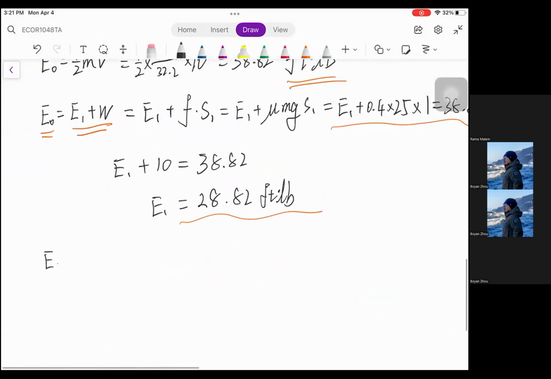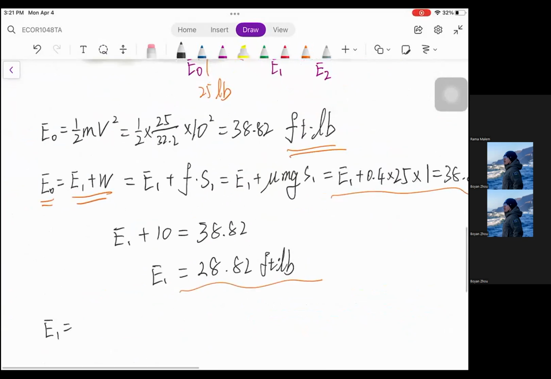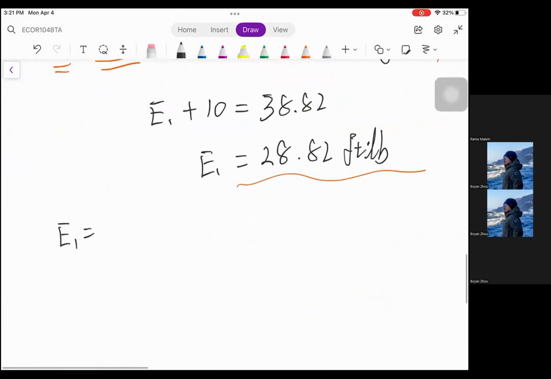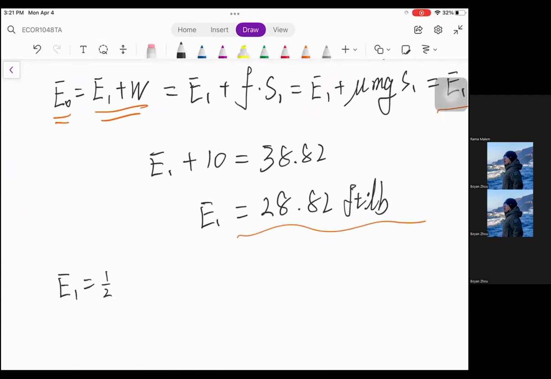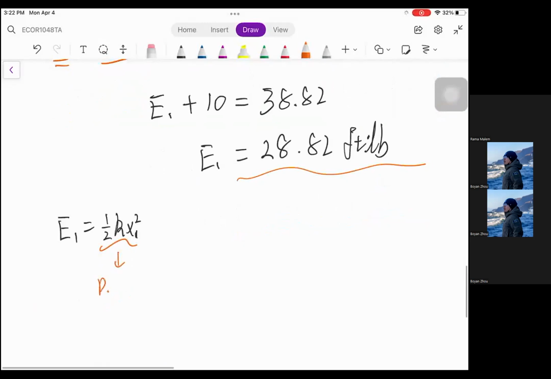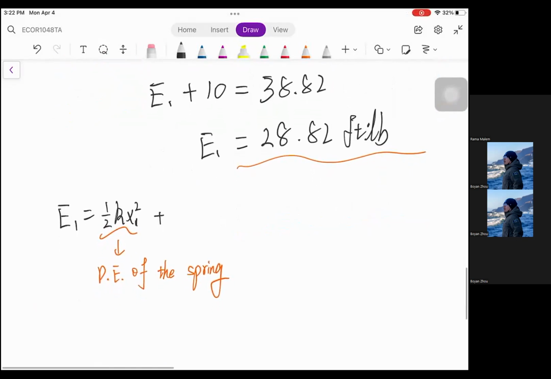The equation is: the energy of the block at location B, E1, is equal to the potential energy of the spring, half k x1 squared, plus the energy lost by the friction, F x1.